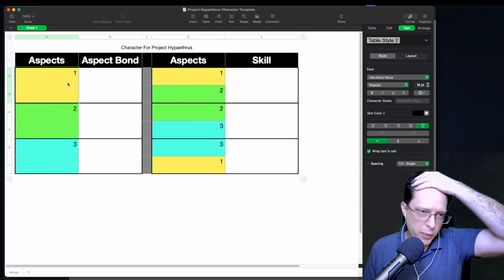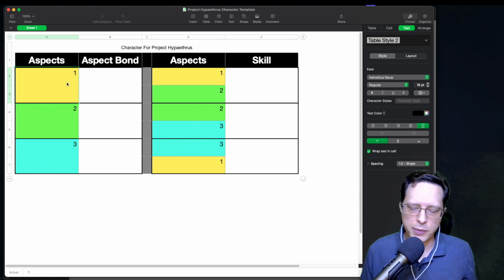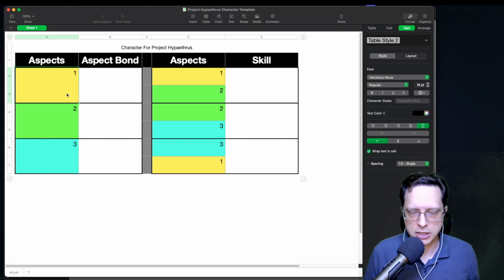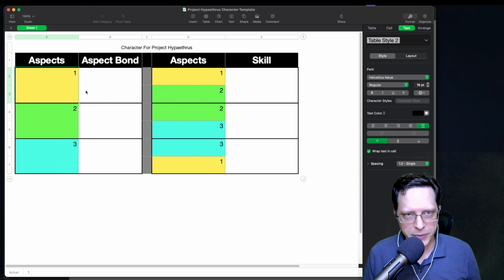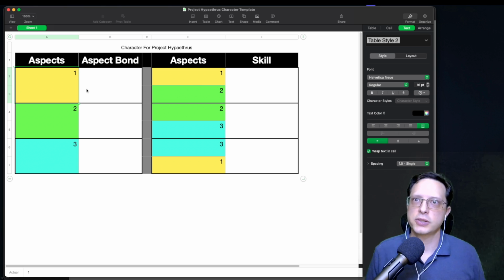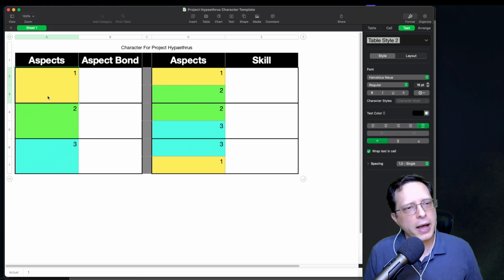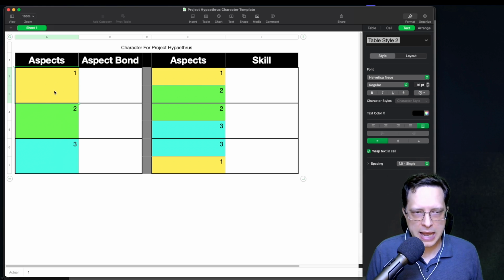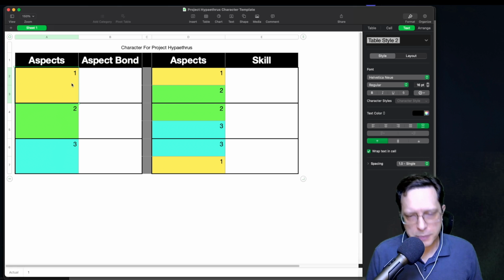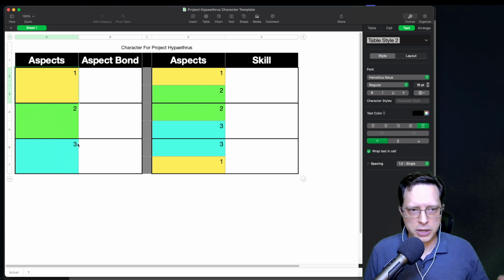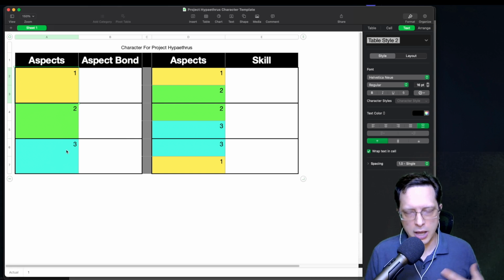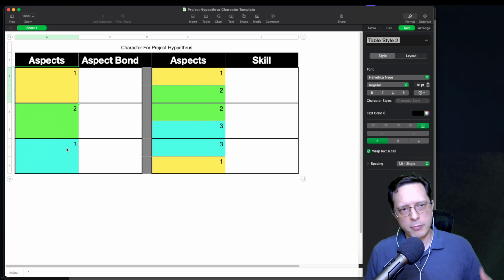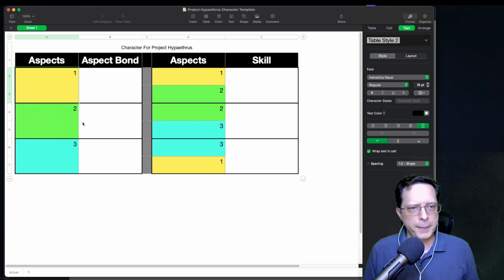Whenever they're creating the aspects for this, I strongly suggest, in the rough draft that I've created for that quick start for character creation, that for the three aspects, one of them should be basically what your character is experiencing right now, essentially your young adulthood or maybe late childhood, depending on how old your character is.